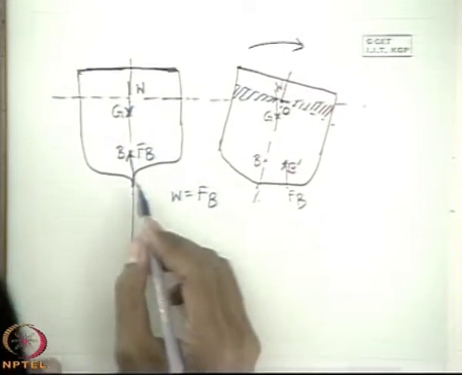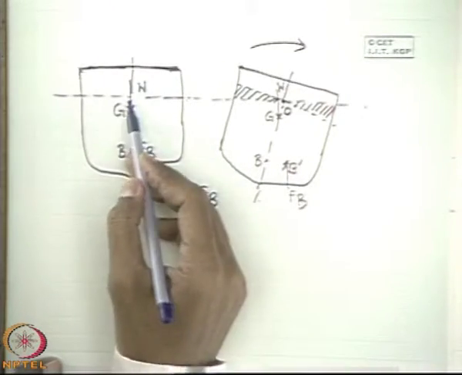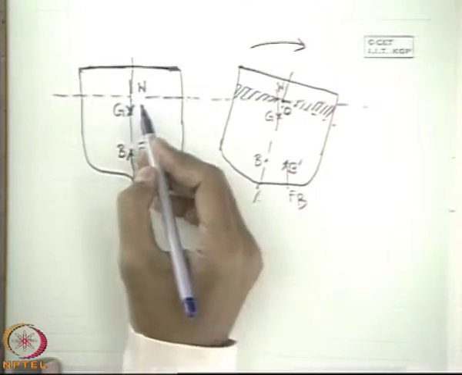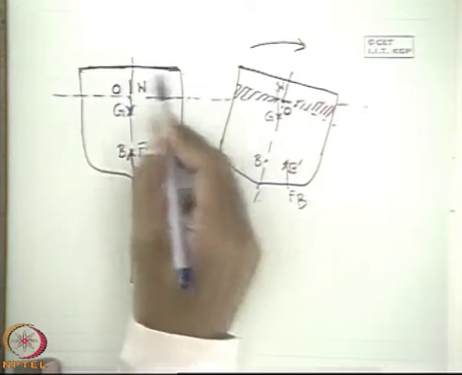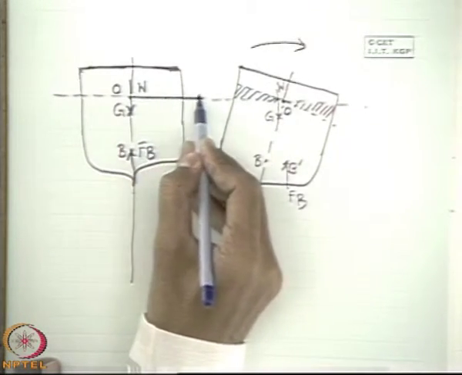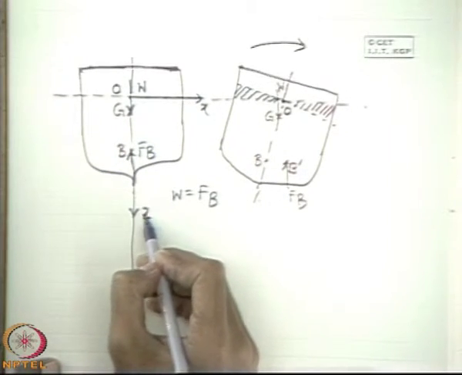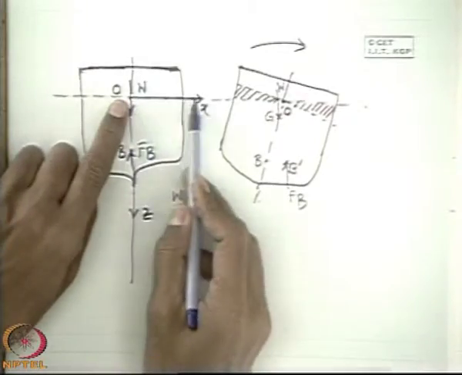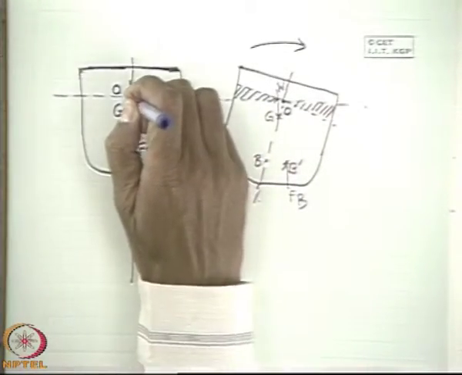Now we simply define the center of buoyancy with respect to a frame of reference. Let us consider this as O in the original figure. We consider the axis X and Z, with Z vertically downward, and the horizontal axis on the plane of flotation, and take Y perpendicular to the plane.